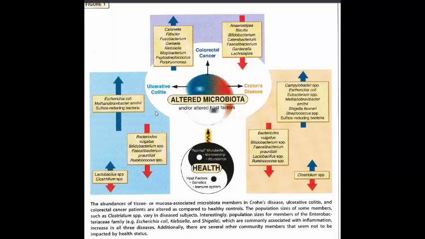Does it cause ulcerative colitis? We don't know that yet. In ulcerative colitis, we see fewer numbers of Bacteroides, Bifidobacterium, Faecalibacterium, and Ruminococcus. We also see an increase in Lactococcus species and a decrease in Clostridium species, which is kind of odd. We don't see that in the other types of diseases.